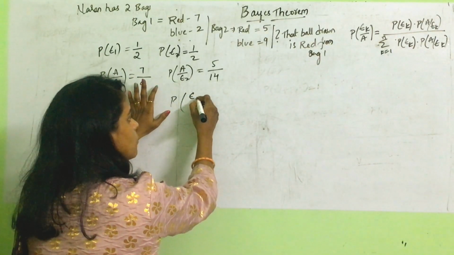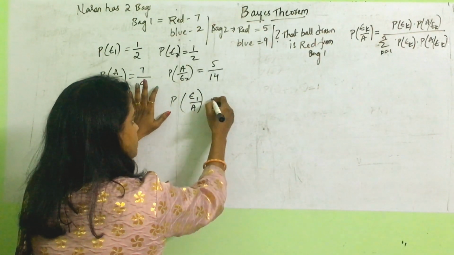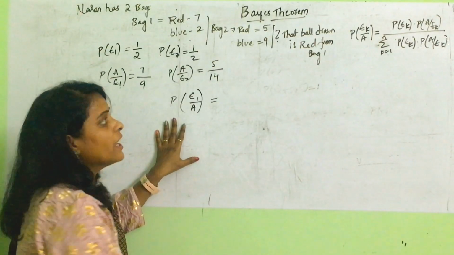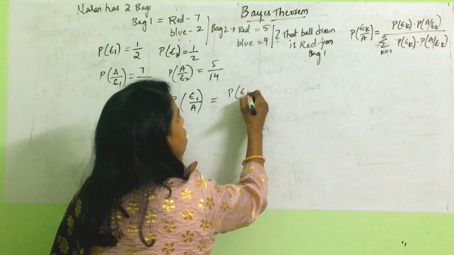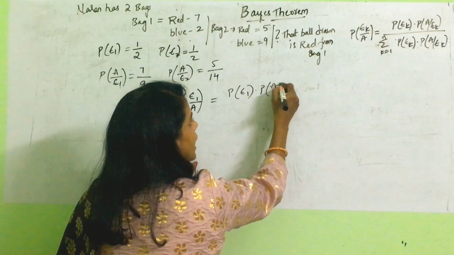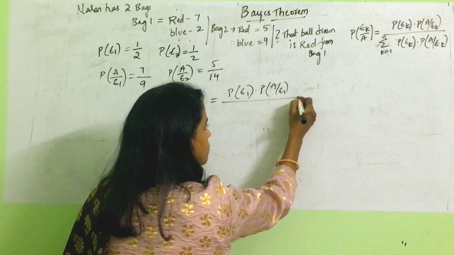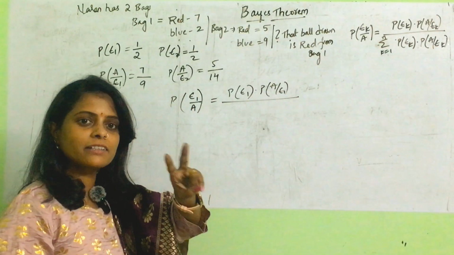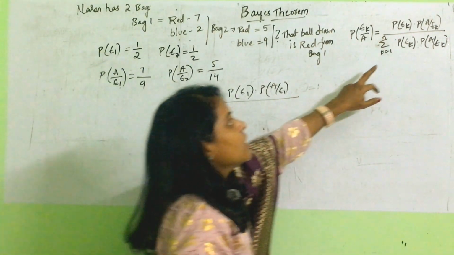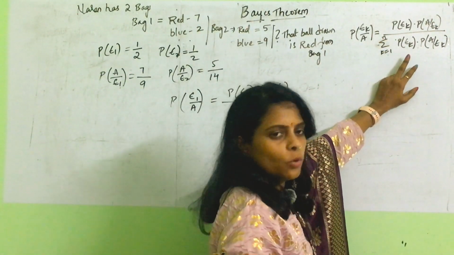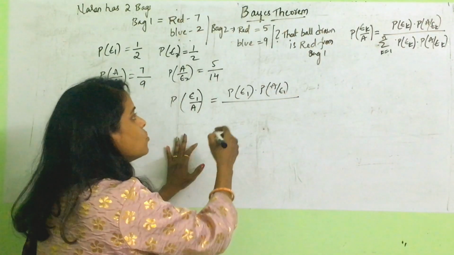So E1 by A. P of E1 by A equals P of E1 into P of A by E1, divided by, how many bags are there? There are 2 bags, so 2 events are there. So your n value will become 2 here.